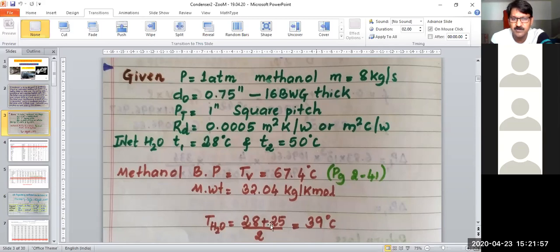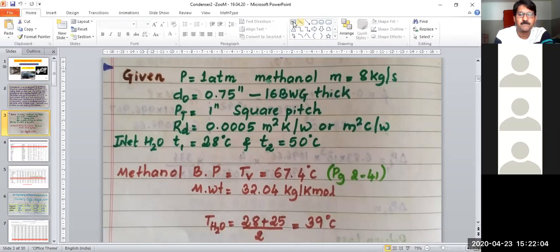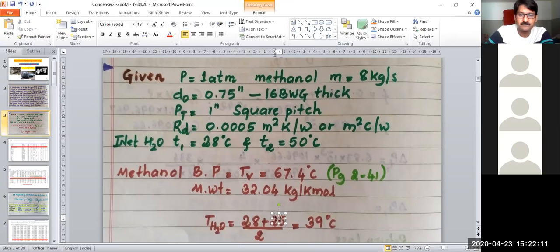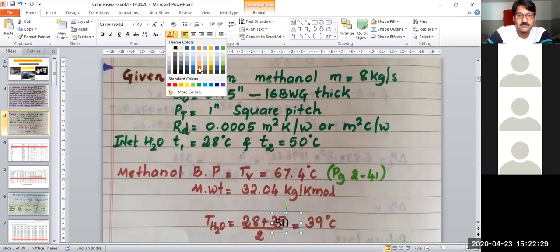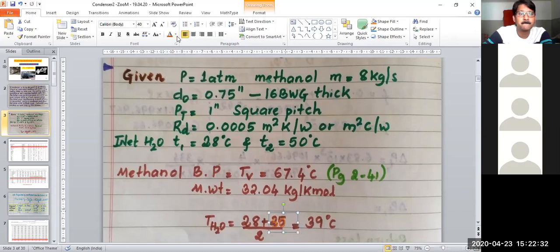And the average temperature of water is 28 plus 50, sorry, by mistake I wrote it wrongly. It is 28 plus 50 divided by 2, which is 39 degrees centigrade.